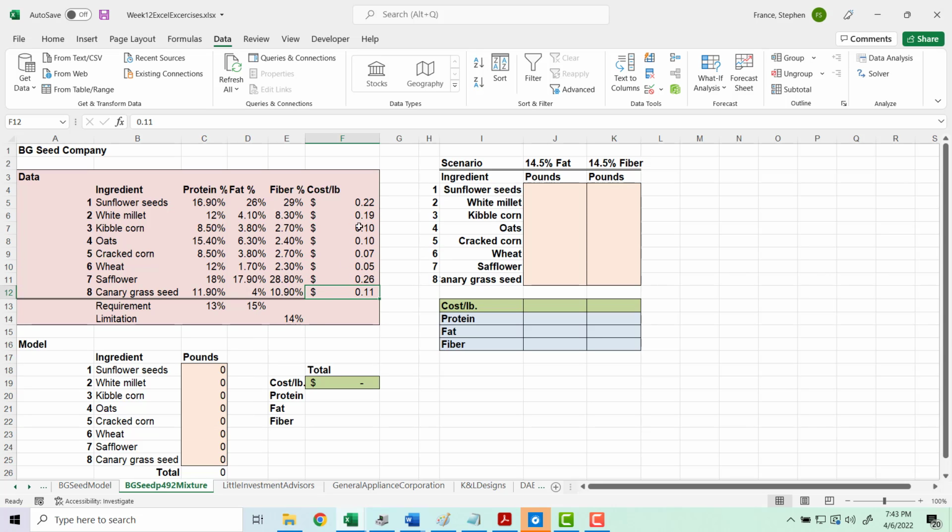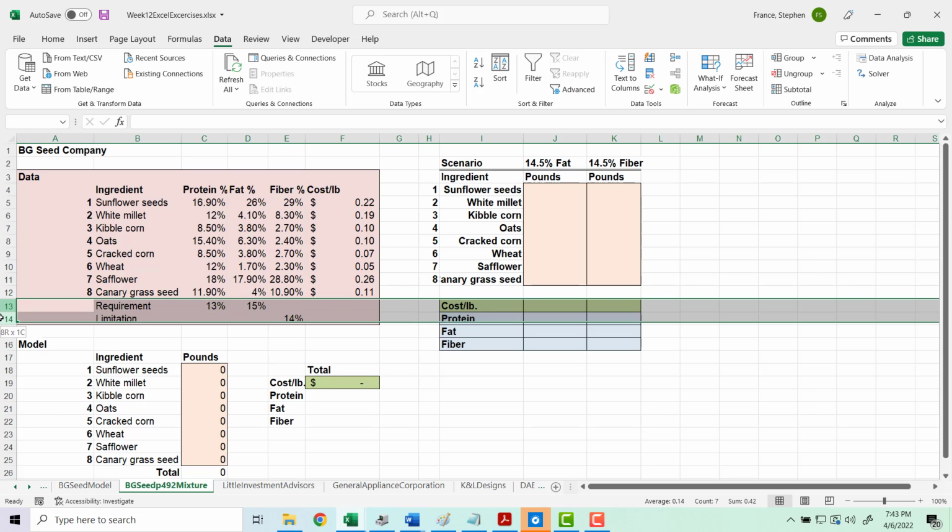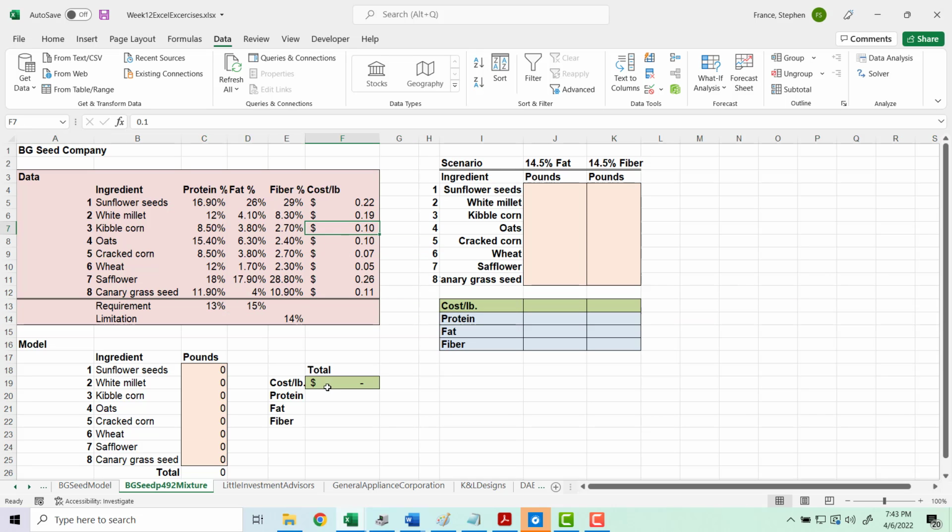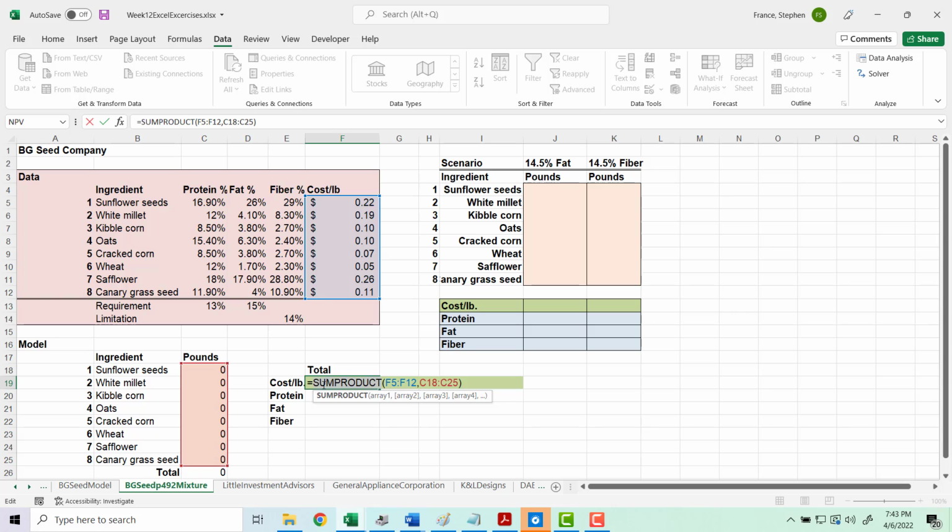The idea of our optimization problem is we want to find the minimum cost for the combinations that meet the requirements and limitations.